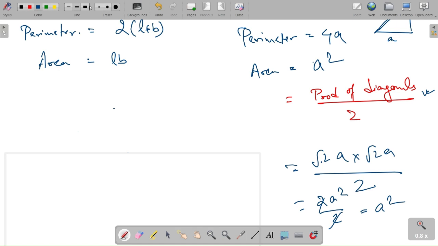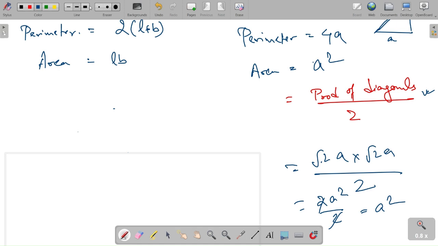Yes. See, you guys have to practice. If you don't practice enough applications in geometry, trigonometry, and mensuration, these things will not reveal to you that in a square, the diagonal is supposed to be root 2 into side. You have to practice.